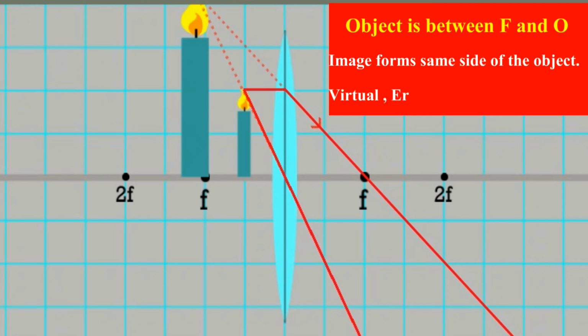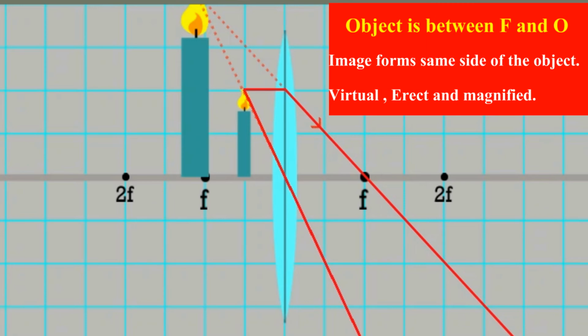Okay, then what is its characteristic? See that it forms a magnified image. It is magnified and virtual, and it is erect, not inverted. So the nature of the image is erect, magnified and virtual.